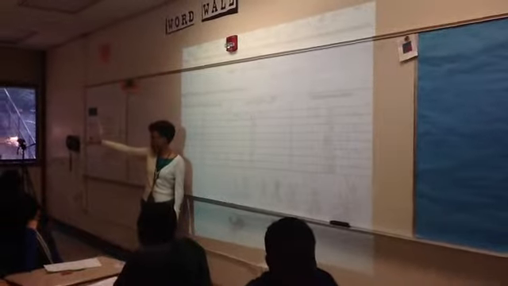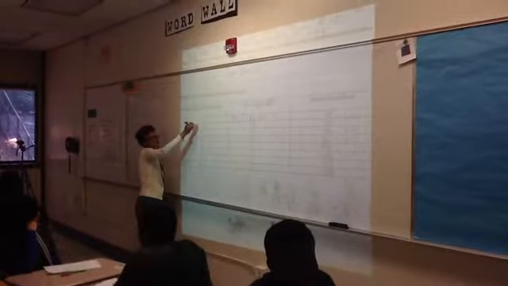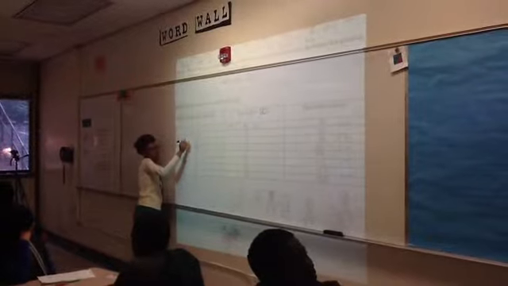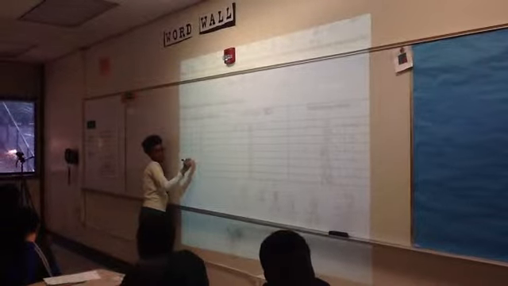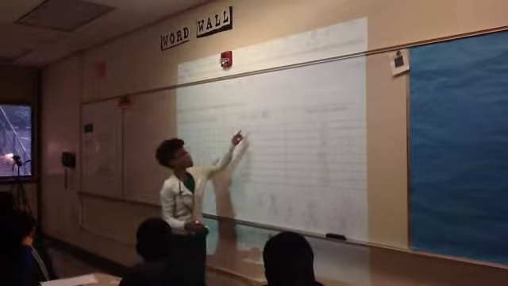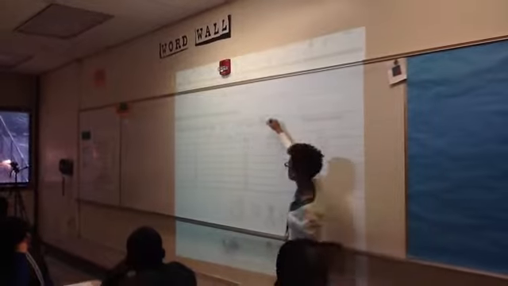Where x is 0. So what's the rate of change on this side? Plus 1. Right? So that supports this. 15 over 1 is 15, right? So that supports this value.